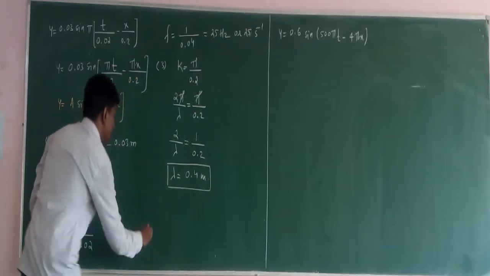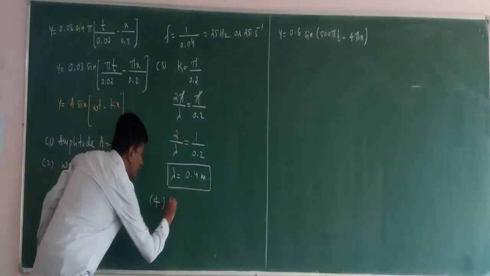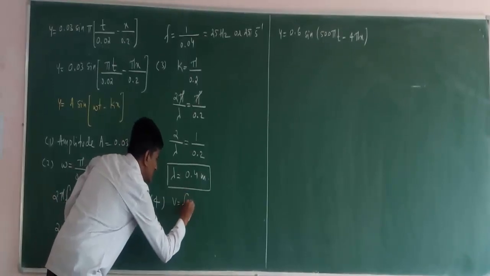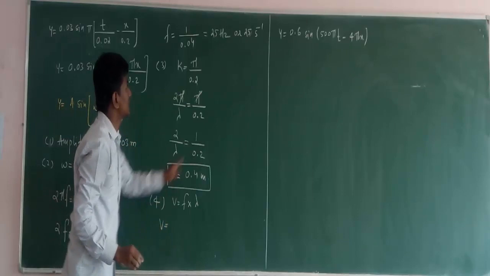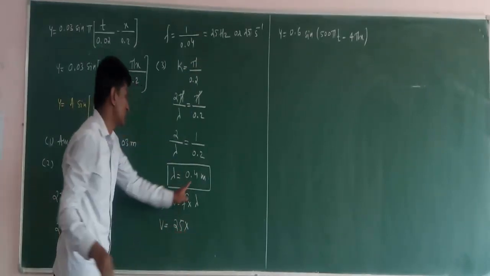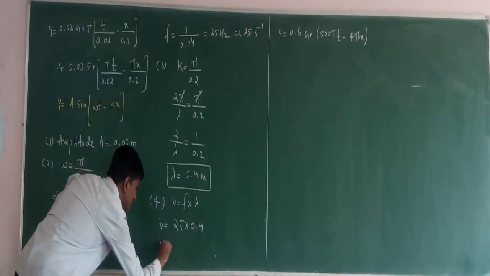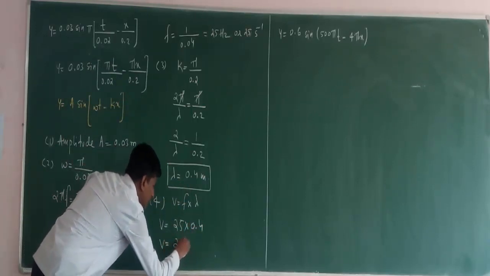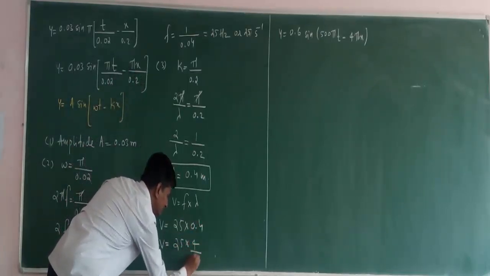In the last step, we have to calculate wave velocity. So wave velocity is calculated by V equals frequency multiplied by wavelength. Frequency is your 25, and the wavelength is 0.4. Then V equals 25 multiplied by 0.4, which can be written as 4 by 10.